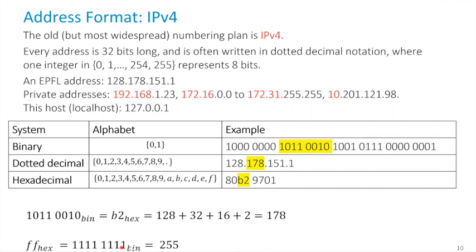And 1111 is the number F. It's 15. It's the largest hexadecimal single digit number. So FF is the same as all bits equal to 1 and is the same as 255. That's something we need to remember because we will see it in the configuration of machines, for example.